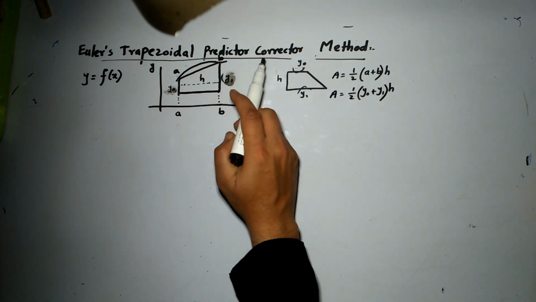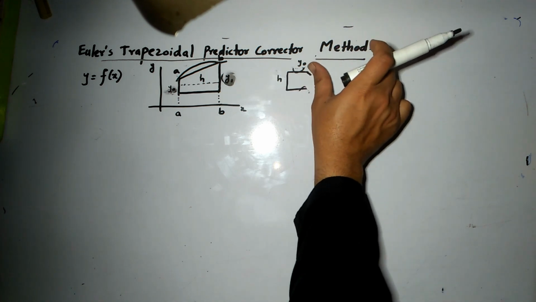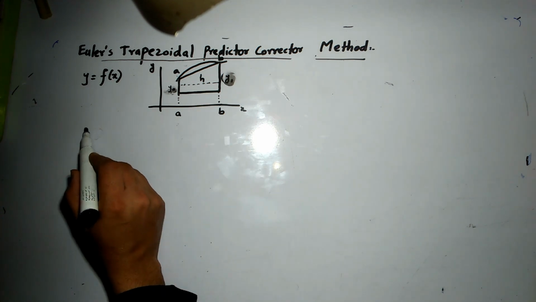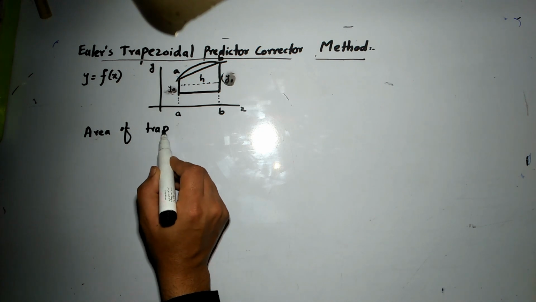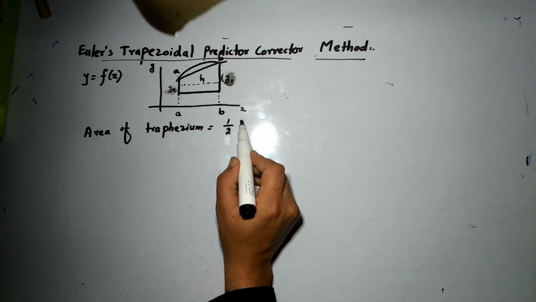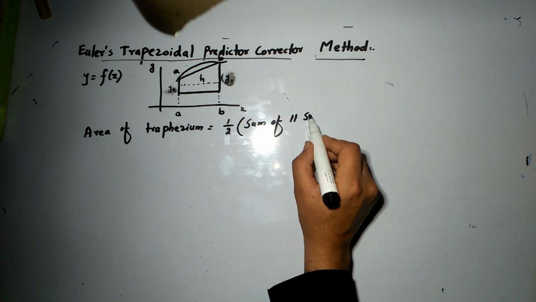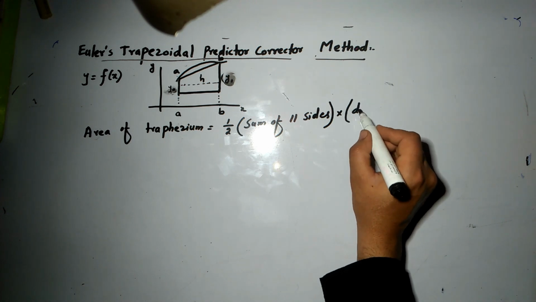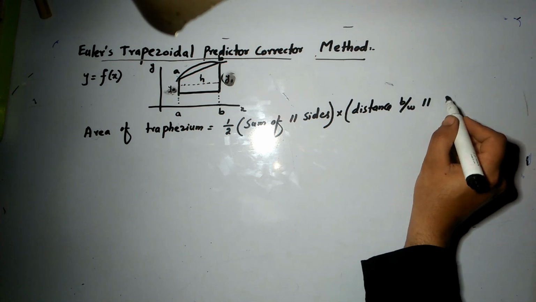To form the Euler trapezoidal predictor corrector method, we will take the area of the trapezium. We know that the area of a trapezium is equal to 1 over 2 times the sum of the parallel sides multiplied by the distance between the parallel sides.